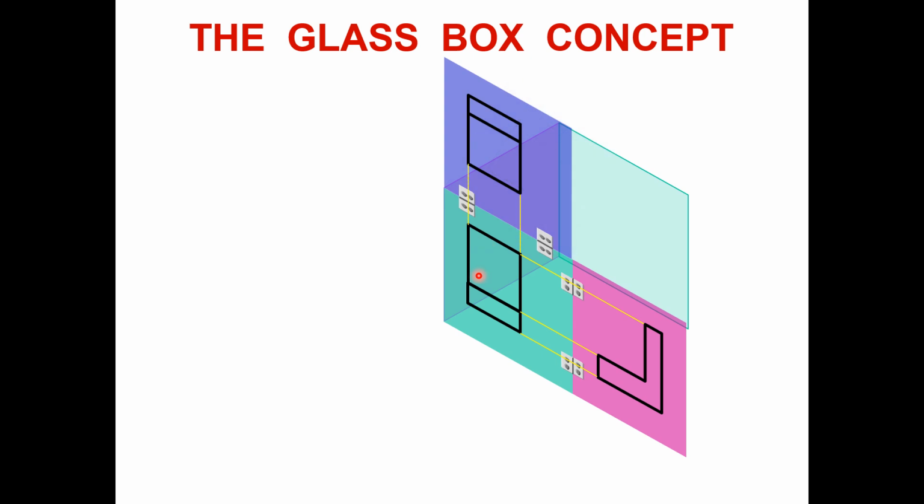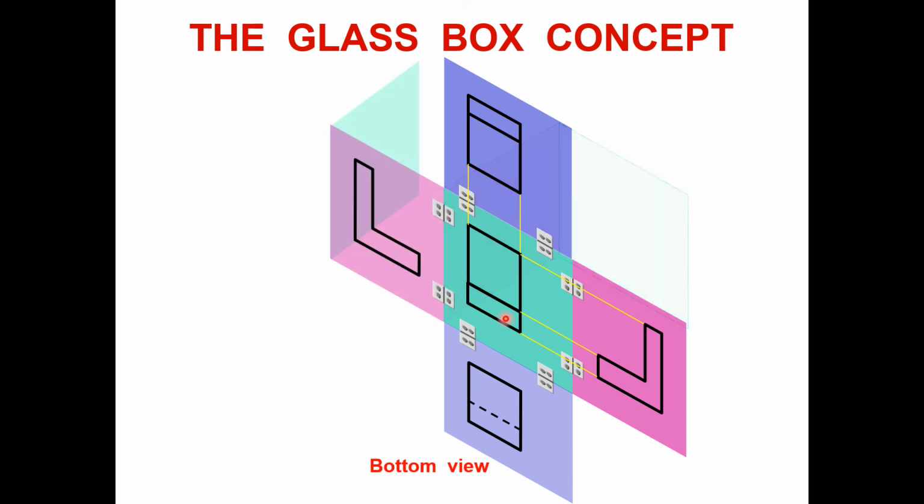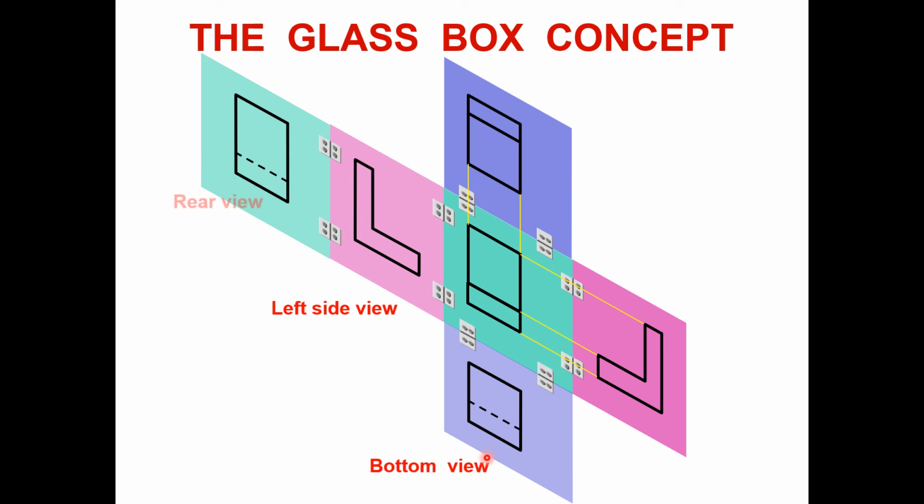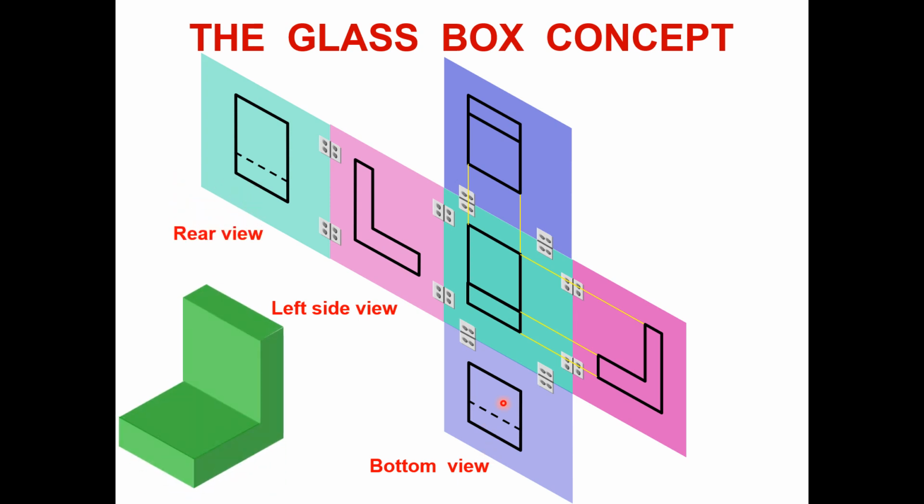Okay, now next one. When we see the object from the downside, the bottom view, you will not see this cut. But you know there is a cut, so you will represent it with a dash line as a hidden feature of the object.